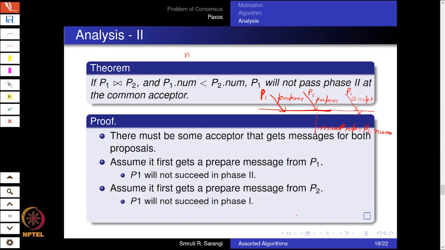Let's consider the other case. The other case is we first get a prepare message from P2. Well, so this is even simpler. This basically says that at this point, max prep is set to be P2.num.